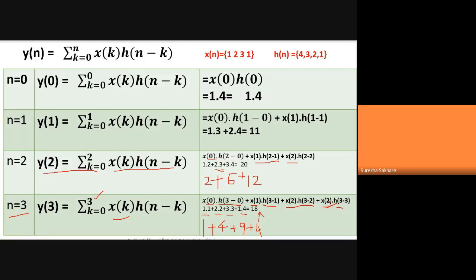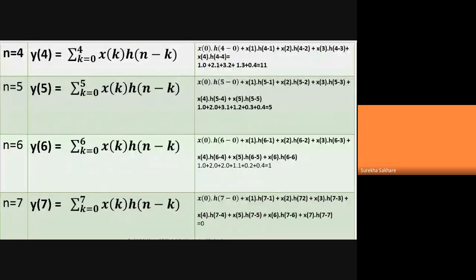We'll move on to n equal to 4. Now at this value, we are getting y of 4. New value of n is 4. X of k, h of n minus k is the same formula. Values of k moving from 0, 1, 2, 3 and 4.